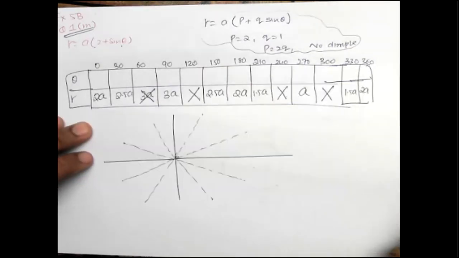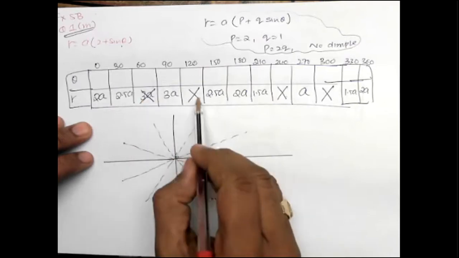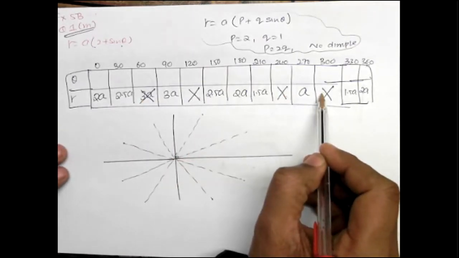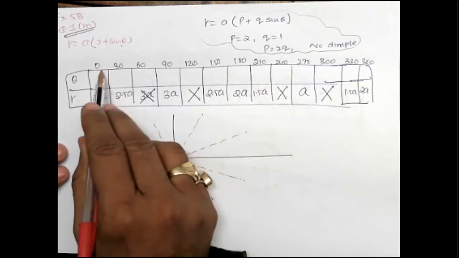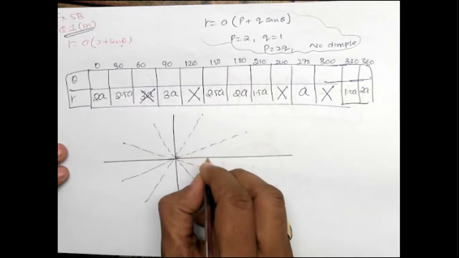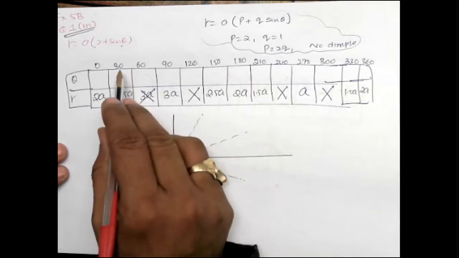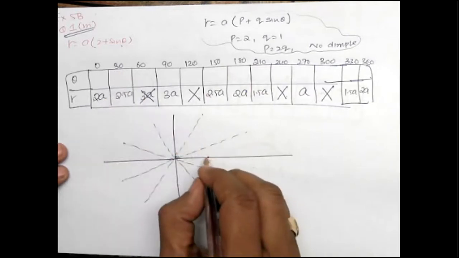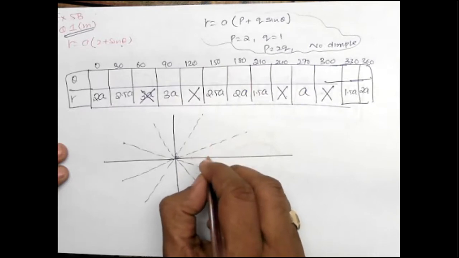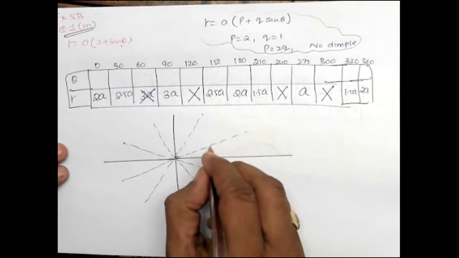All right, guys, so these are the values I've got. The values which I've crossed out are not exact, so I'll try to avoid them. If theta is 0, it's 2a. That's a point. If theta is 30, it is 2.5a. It will be going slightly like this, straight up, not coming in as a circle.